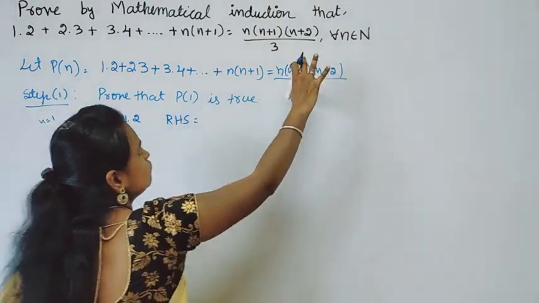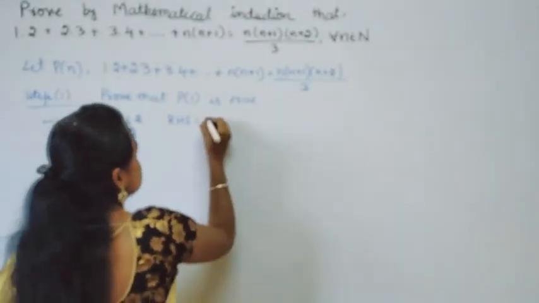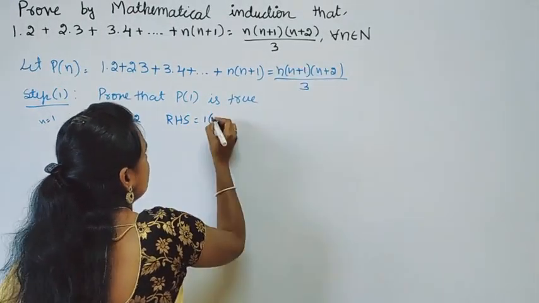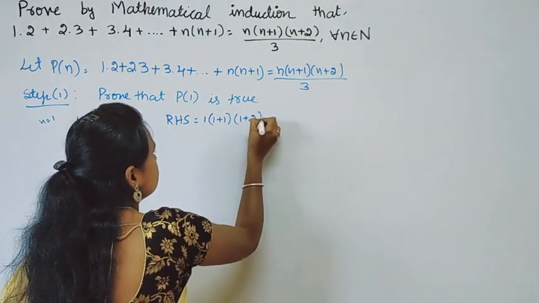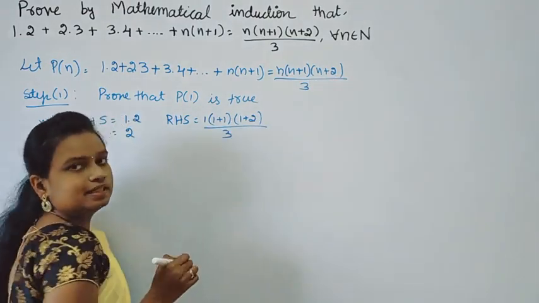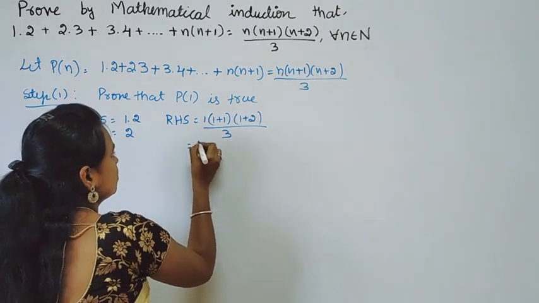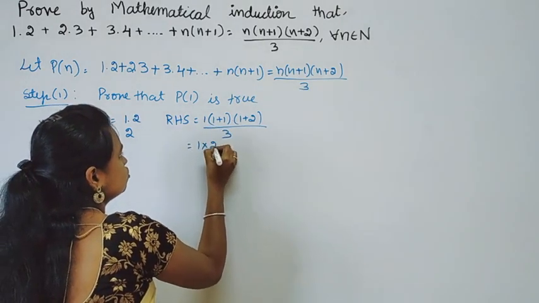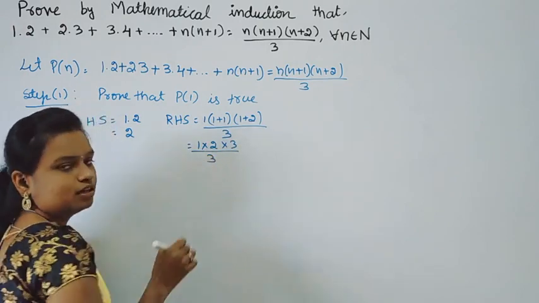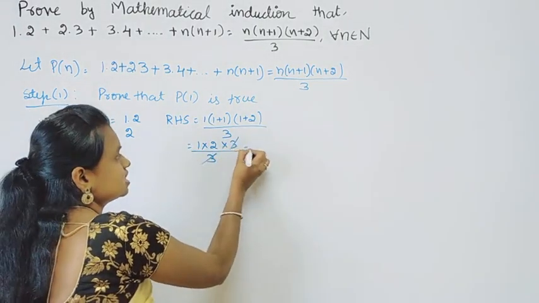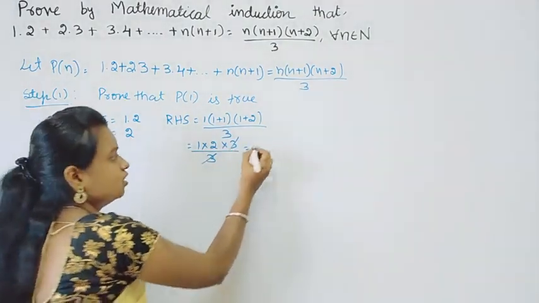For RHS also put n is equal to 1. It becomes 1 into 1 plus 1 into 1 plus 2, whole divided by 3. Simplify: 1 into 2 into 3, whole divided by 3. The 3 gets cancelled, so 1 2s are 2.